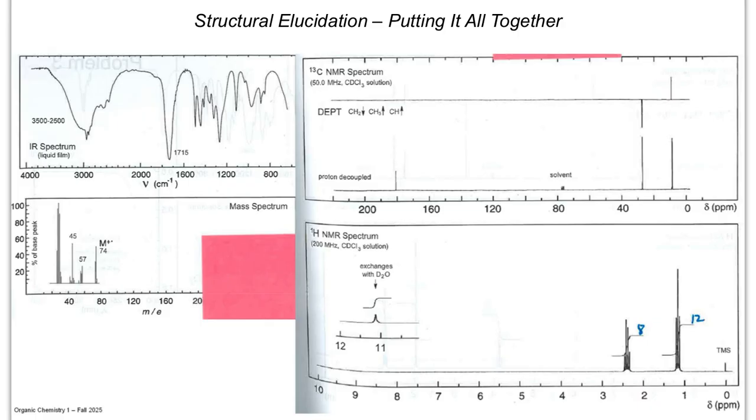So this first one I'll kind of walk you through. The other ones I'll give you some time to consider before we start discussing things. So since we're given all of the data at once, let's just go ahead and look at the IR first, see what we can figure out based on the signatures in the different regions.